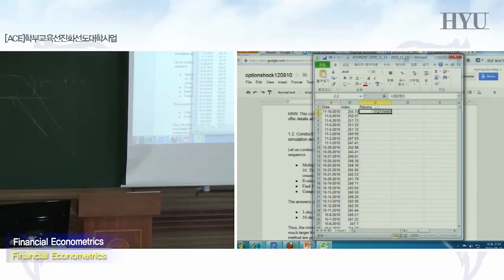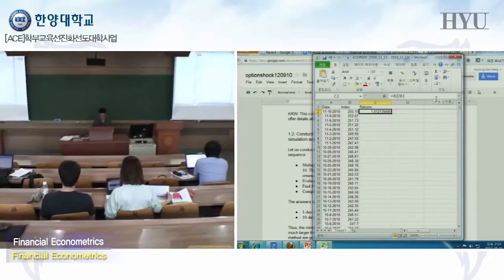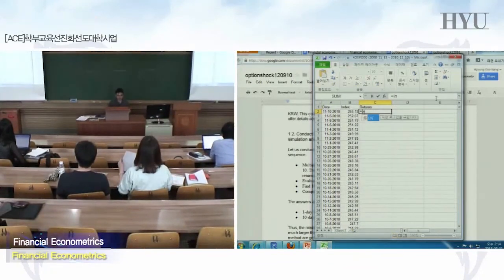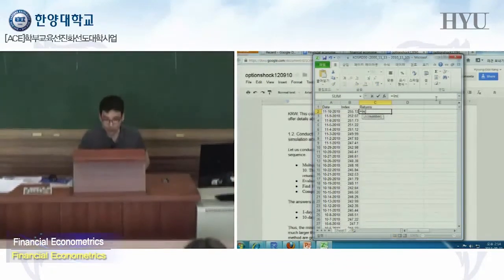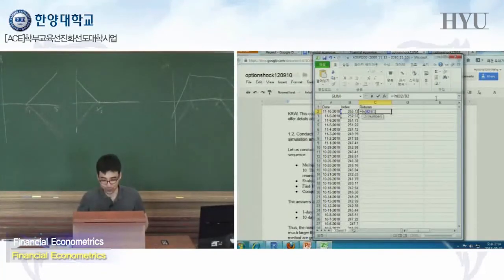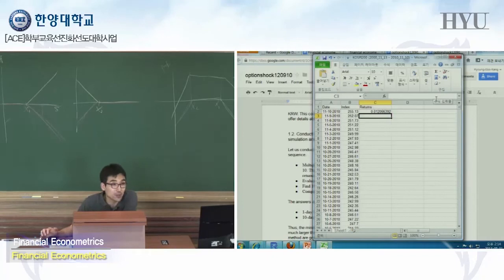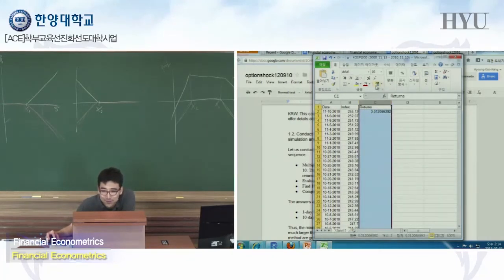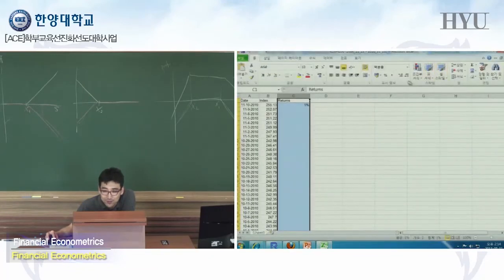Let's slightly change it and use log returns. If we use continuous return, it is like 1.2%. Let's change it to percent, and then I want to increase the number of decimals.